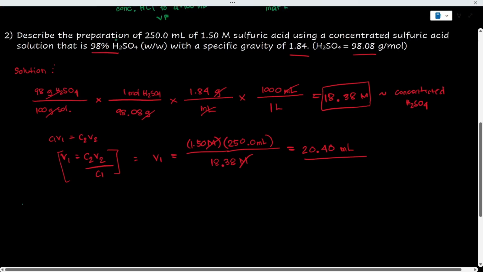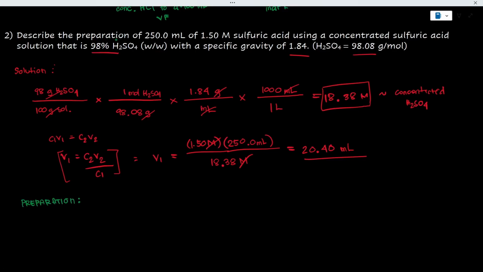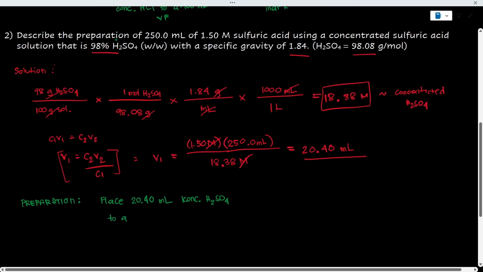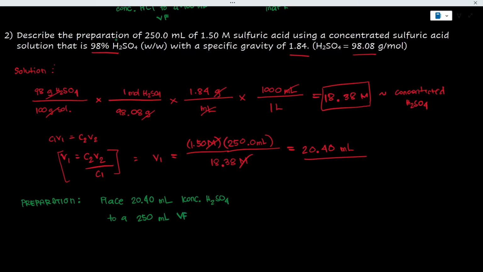Now let's describe the preparation process. As usual, it's the same. Place 20.40 ml of concentrated sulfuric acid into a 250 ml volumetric flask.